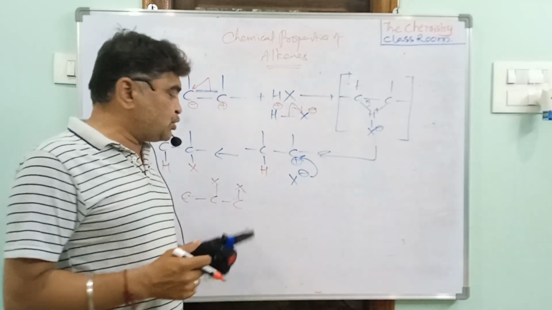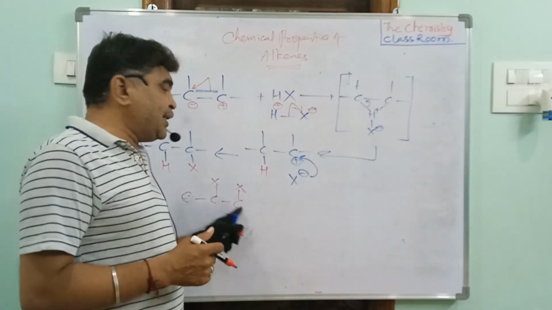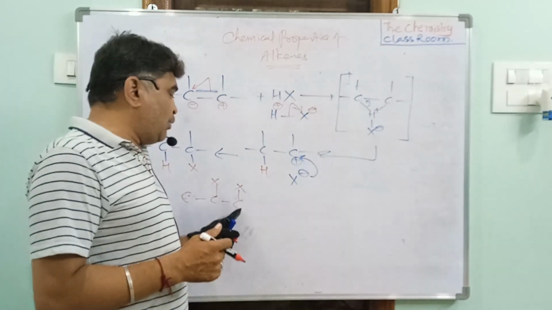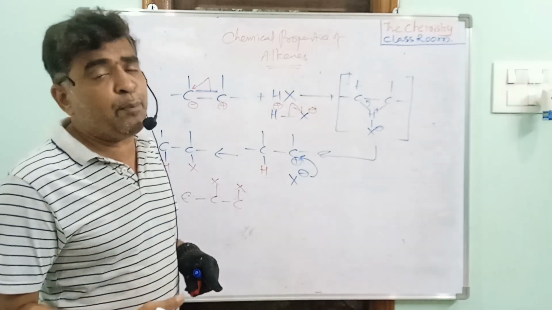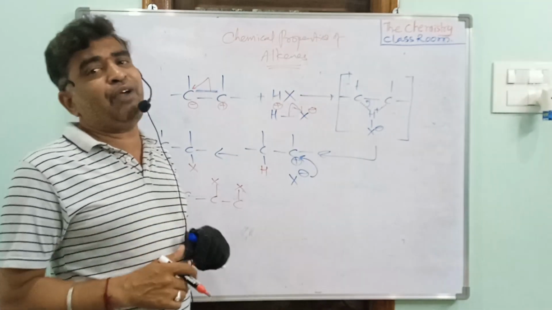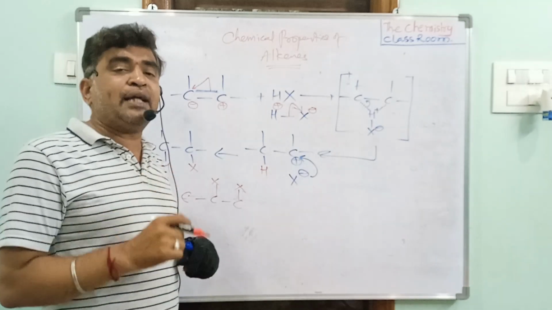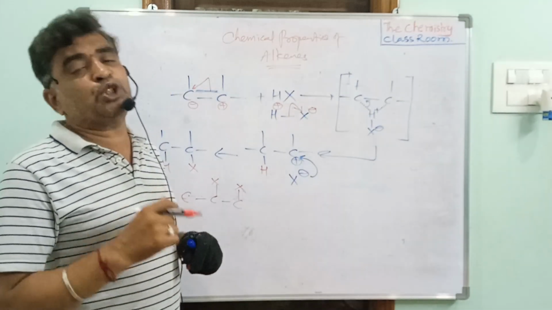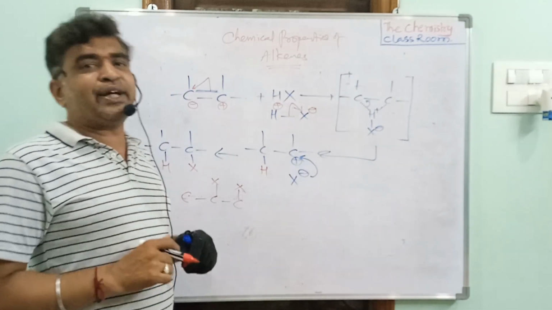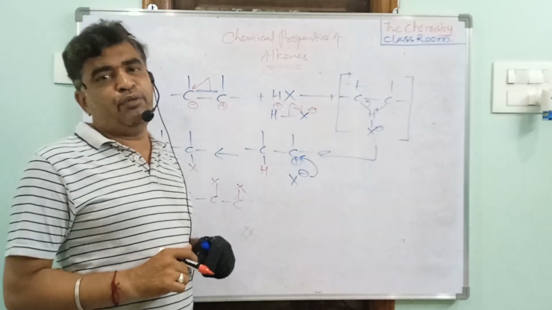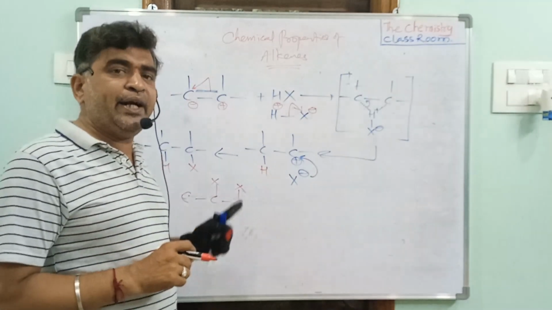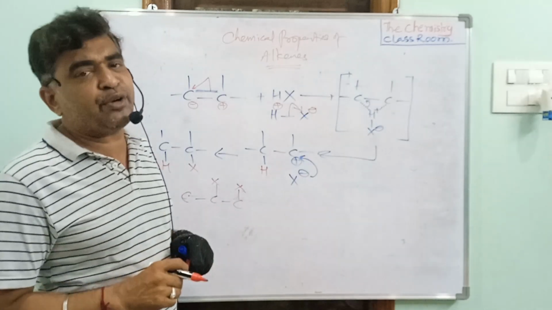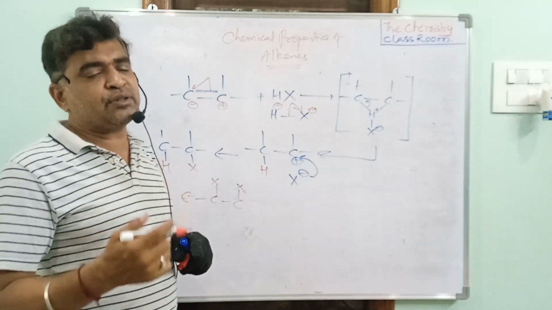So here we are getting different compounds, the 1-halo or 2-halo. So what is the major compound and what is the minor compound? We have to discuss. To get that, we have one principle, one rule, called Markovnikov rule. As per the Markovnikov rule, we can determine which major product we are going to get. Next we will also discuss.